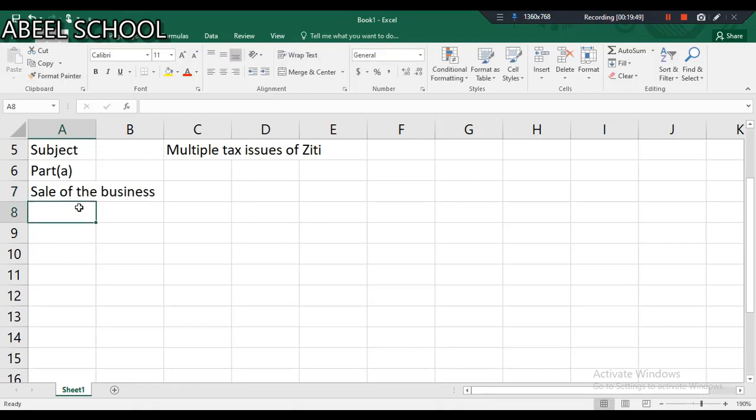Post-tax income. We need to calculate post-tax income and sales proceeds.